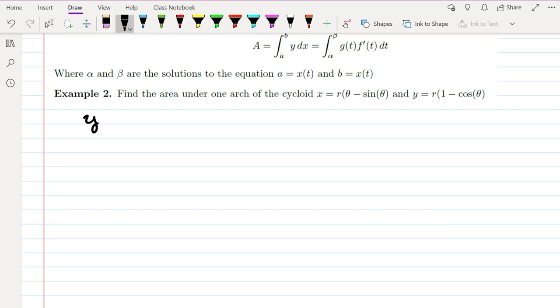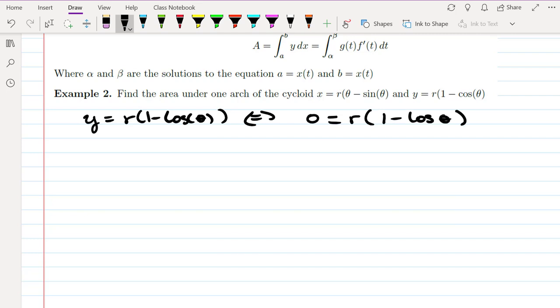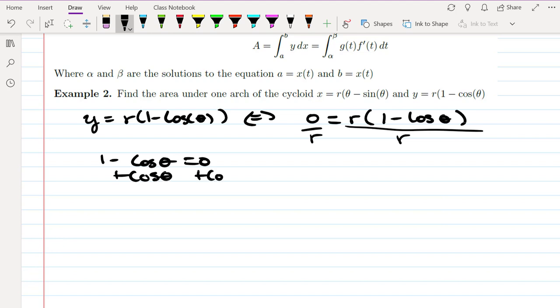So if we solve the equation y is equal to r times 1 minus cosine theta and set y equal to 0, we need to solve 0 equals r times 1 minus cosine theta. So we divide by r, and that gives us 1 minus cosine theta is equal to 0. Just as we did above, we solve this equation for cosine theta.